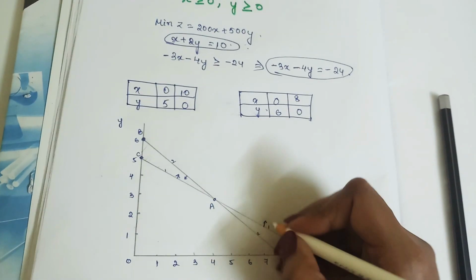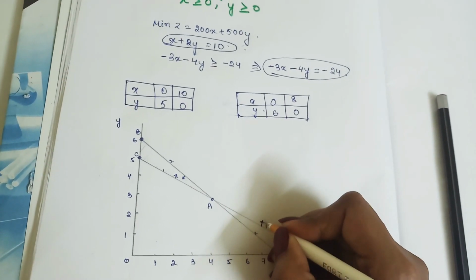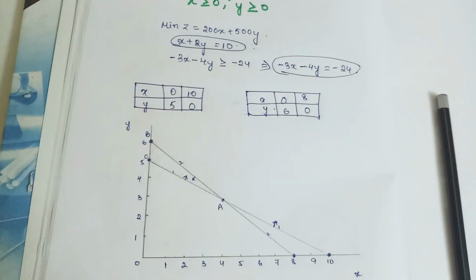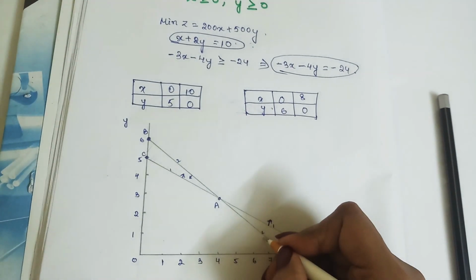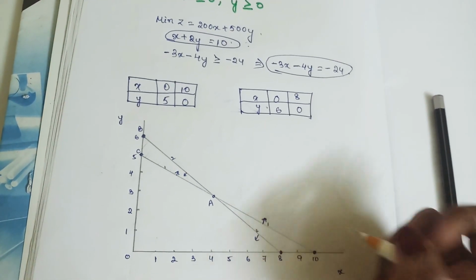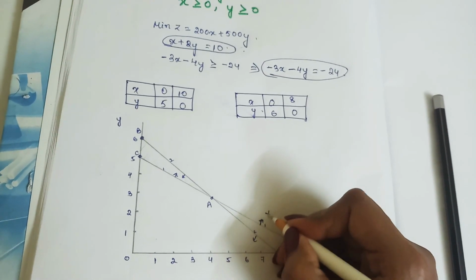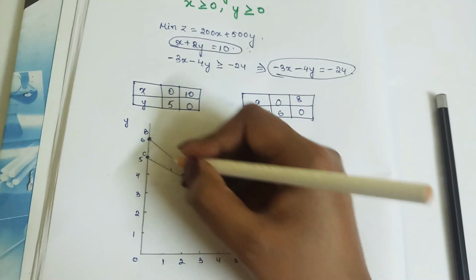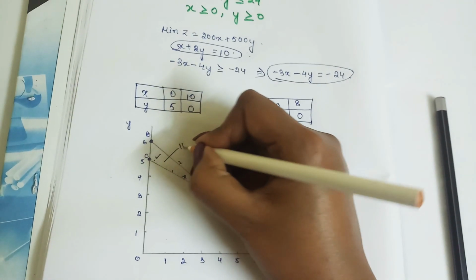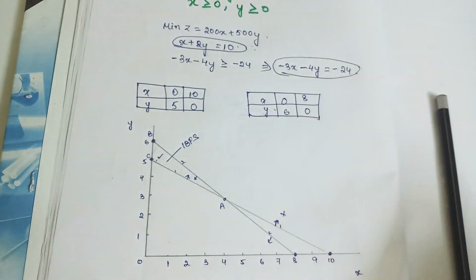If you choose this one, just check this, therefore this is the first constraint line, greater than means upward, and the second constraint is lesser than means inward. So can you find any initial basic feasible solution over here? No, you cannot find it. That's the main reason this portion is my initial basic feasible solution, that is known as IBFS.